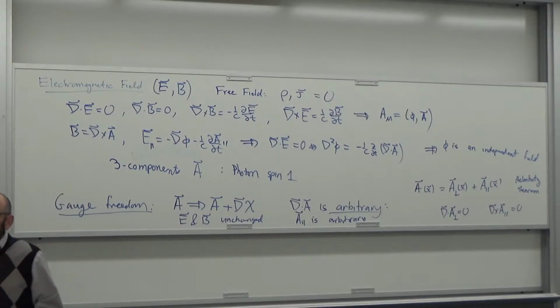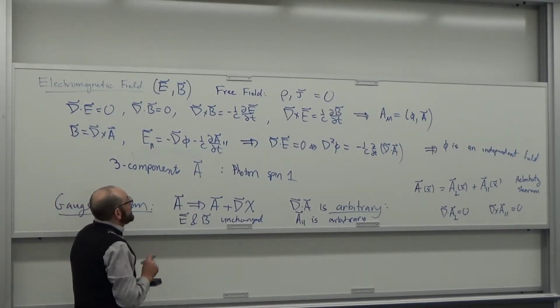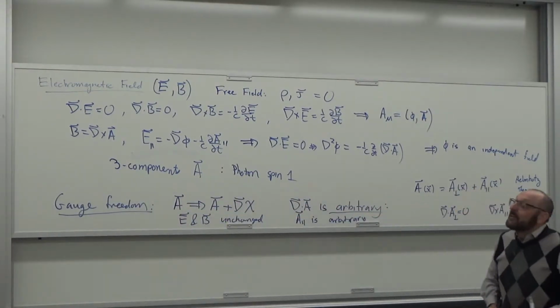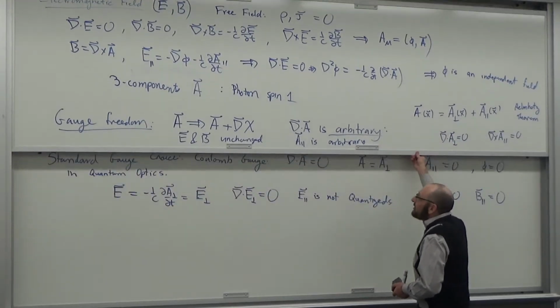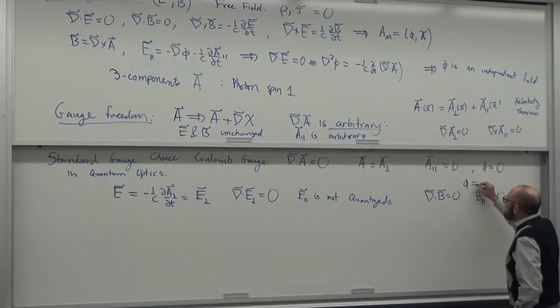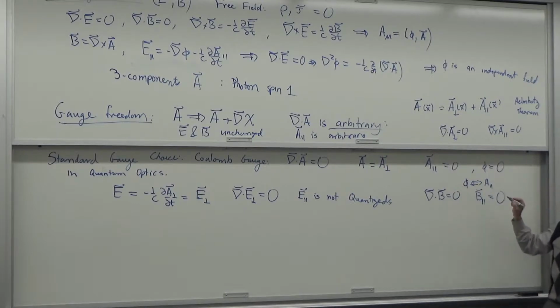Because the transverse part of E, yeah, that's clear. A parallel is not made of photons. There is an intimate relationship: phi and A parallel are one and the same, from what I was describing up here.